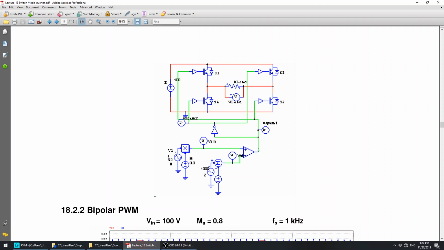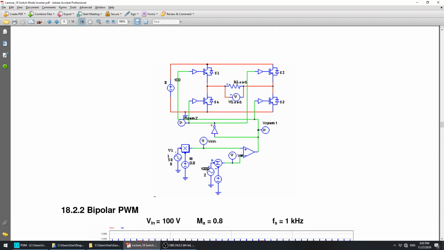So the original output of the comparator will be connected to, let's look at the waveform, S1, and the other one will be connected to S2, right? So that is the first output, and we have this inverter. The inverting version of the output of this comparator, or the mirror image of that PWM, will be connected to the other switches.